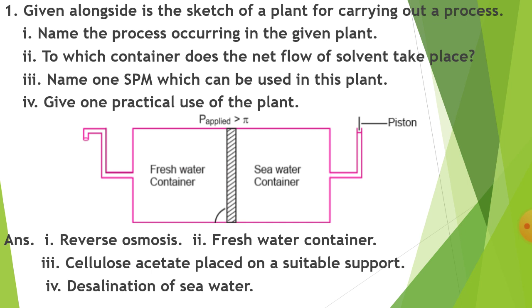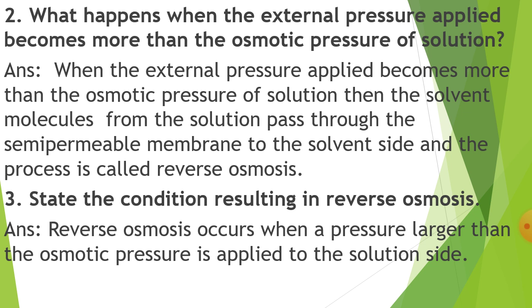This type of question may be given, which you can solve on the basis of reverse osmosis. Question number 2. What happens when the external pressure applied becomes more than the osmotic pressure of the solution? The answer is again reverse osmosis.